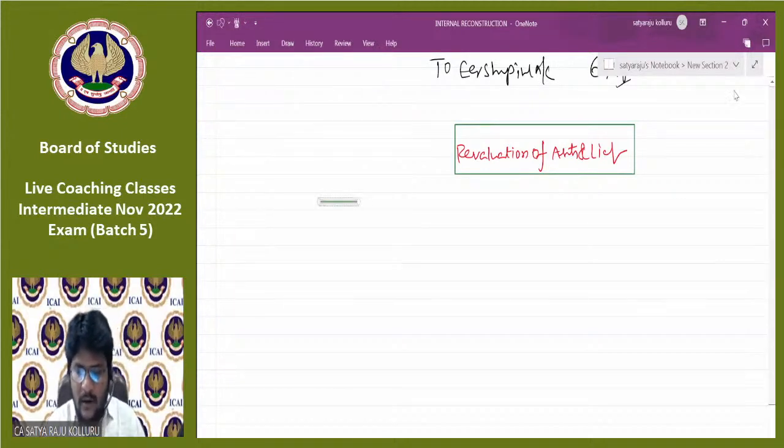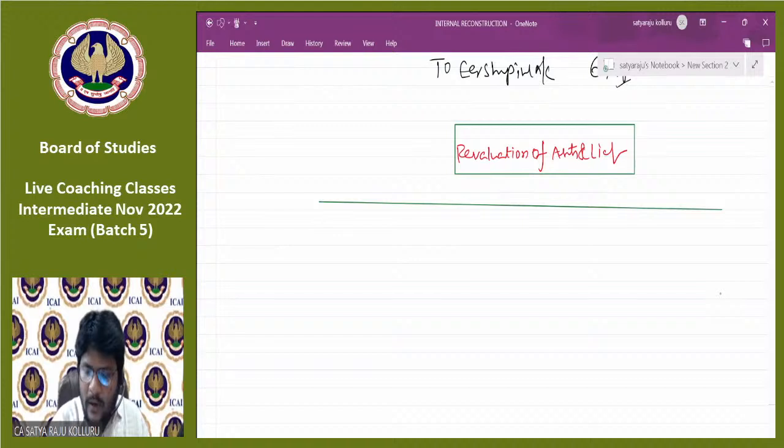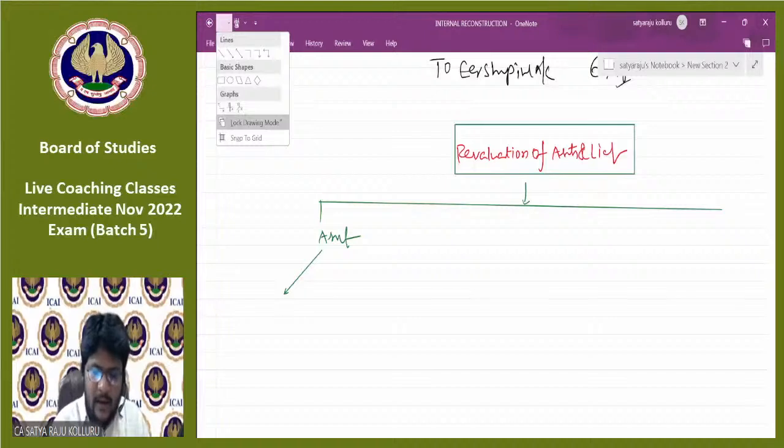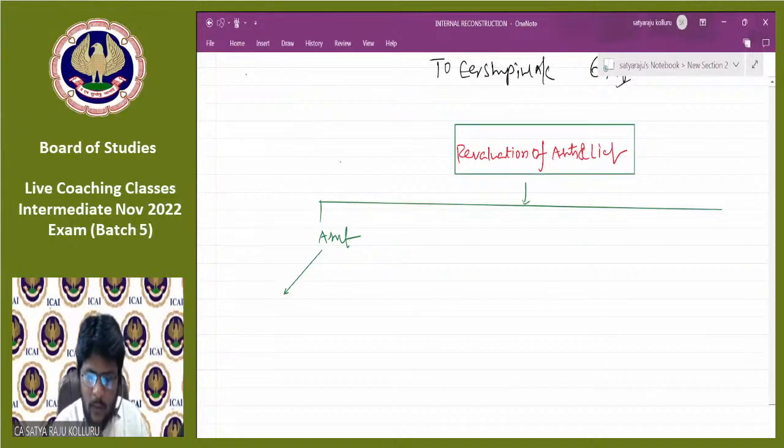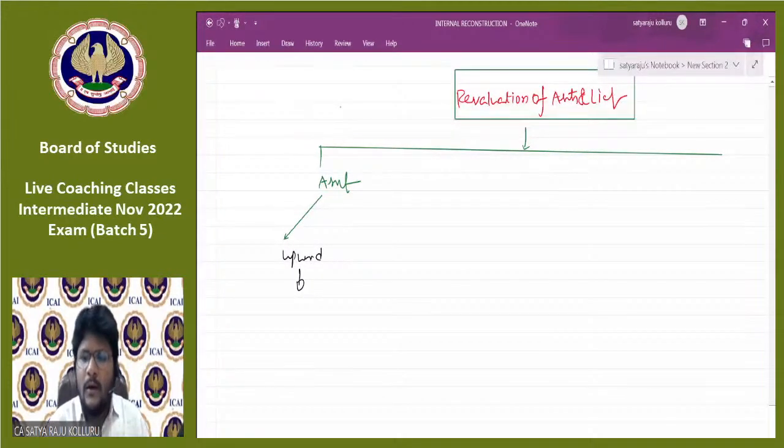Fine, concentrate. Sir, if the revaluation is related to an asset, we need to check whether it is upward revaluation or downward revaluation. If it is an upward revaluation, then the entry is, tell me guys, due to the upward revaluation of an asset, is profit or loss coming into the picture?